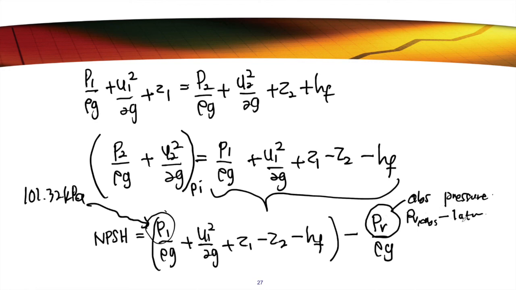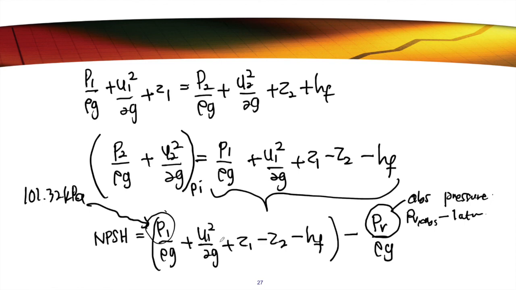You have to minus 1 atm in order to remove this term P1. If you don't want to remove the P atm here, then you have to use the absolute pressure here. If your P1 is, for example, 32 kPa gauge pressure, then you have to add 101.32 to make it absolute pressure. So that is how to calculate the NPSH.